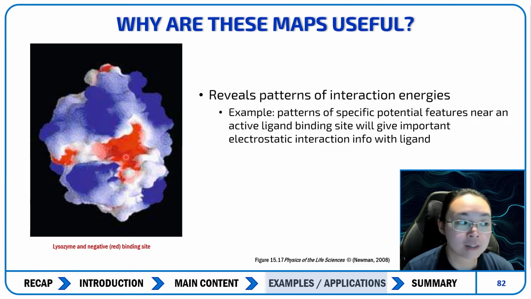If there is an area of active binding, then the potential should be different because it is expecting to interact with a ligand so that, number one, it geometrically fits, and the electrostatic interactions are preferred for it to stay in that binding site.